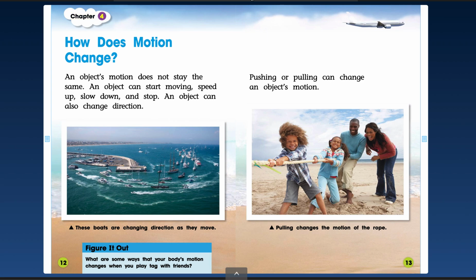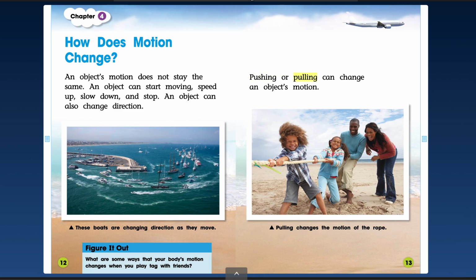Chapter 4. How does motion change? An object's motion does not stay the same. An object can start moving, speed up, slow down, and stop. An object can also change direction.